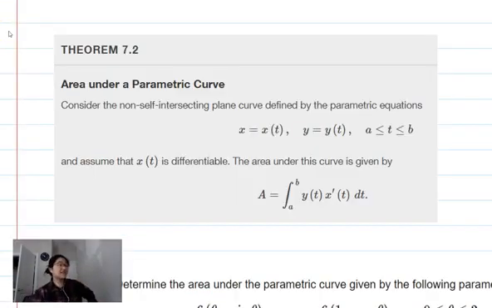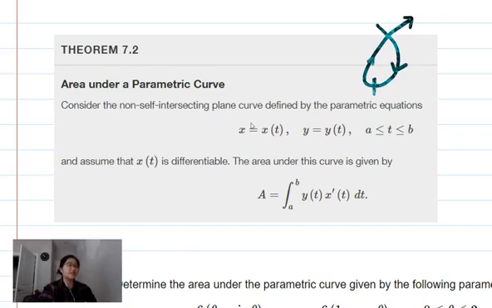So more calculus, we can look at area as well, because if we can take derivatives, we can take integrals, right? If we have our area under our parametric curve, then we can write it, as long as we have a non-intersecting plane curve, like we don't have something looking like that, which we did in the previous problem. But if we're looking at only one part of this instead, we start at a particular parameter t where we don't get an overlap.